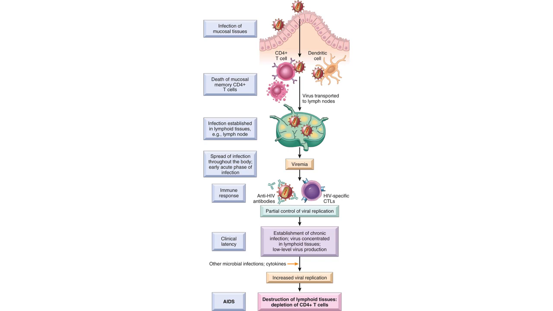But there is a balance between T cell death, an increase in the number of HIV particles, and then replenishment of the immune cells to counteract the HIV particles, so that the number of HIV particles in the body remains constant.